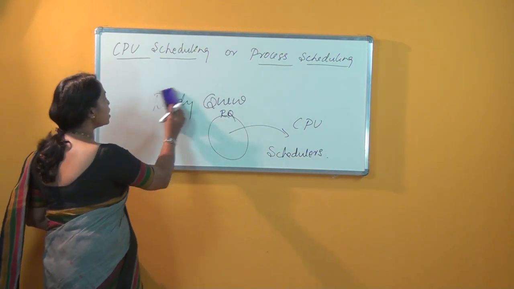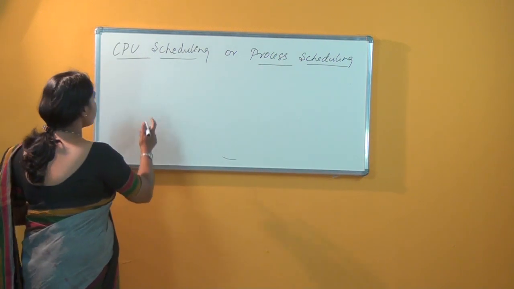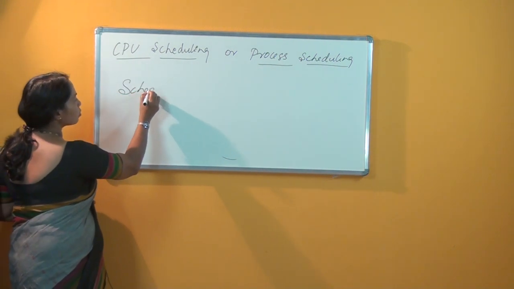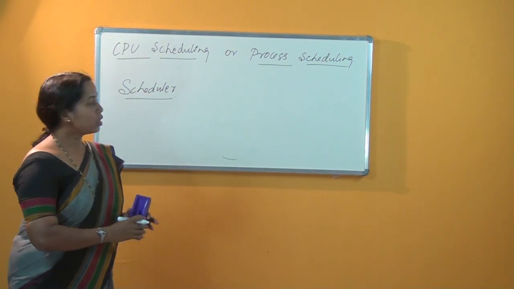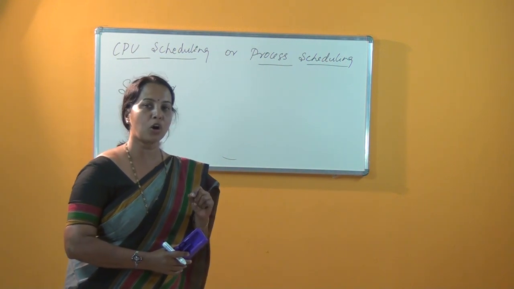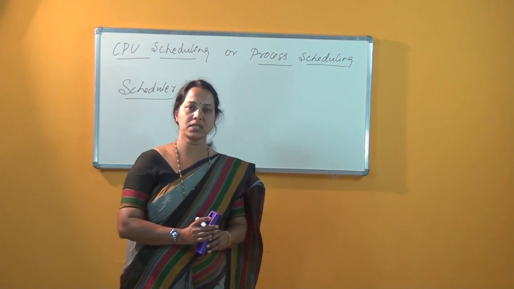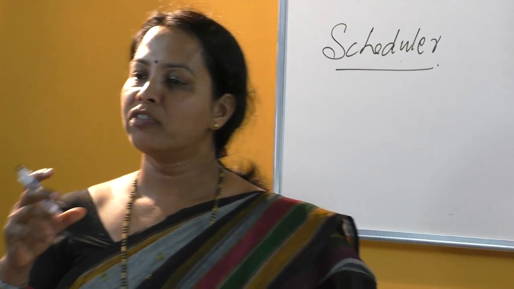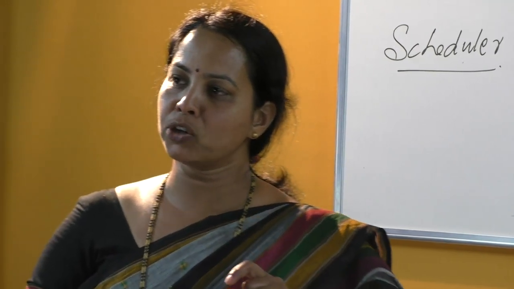So we'll see what a scheduler is. The scheduler is an operating system component, one of the modules of the operating system, and its main functionality is to allocate the resource.